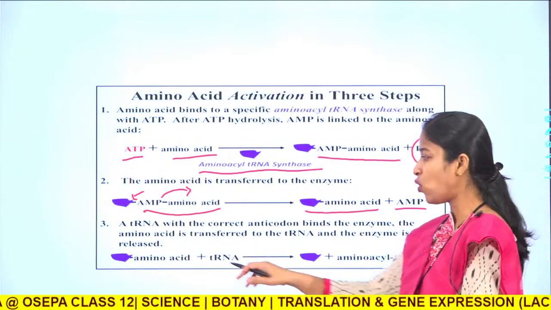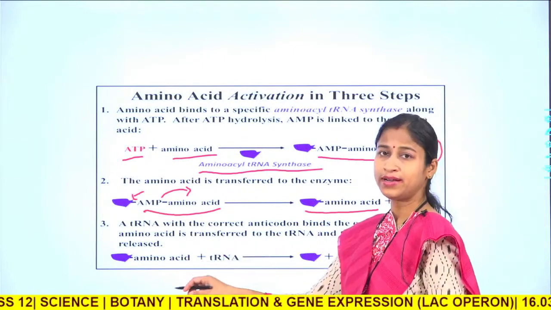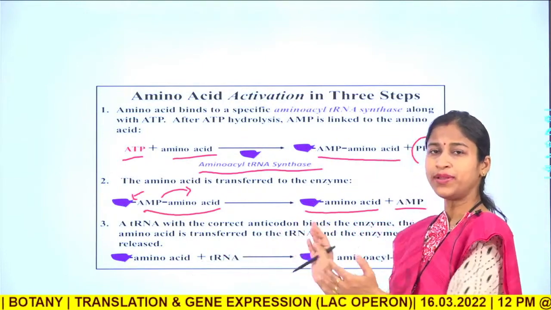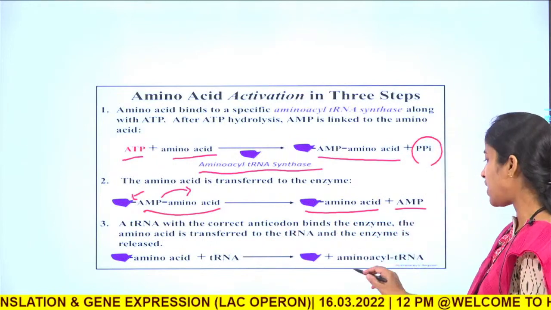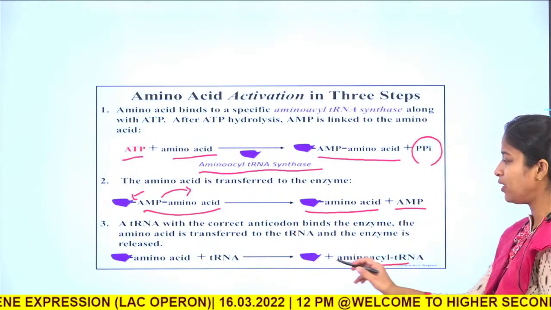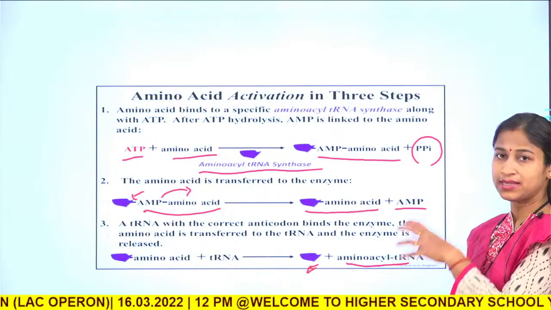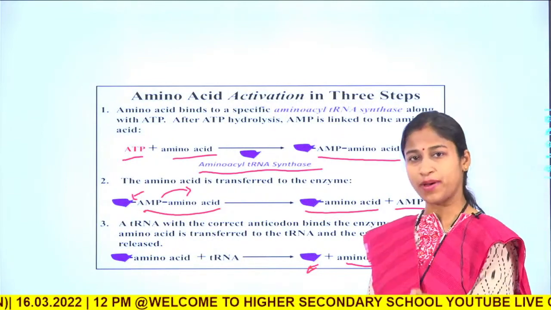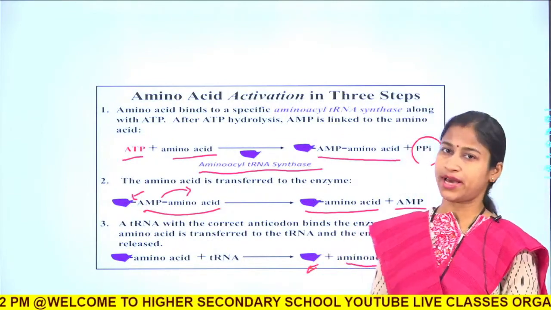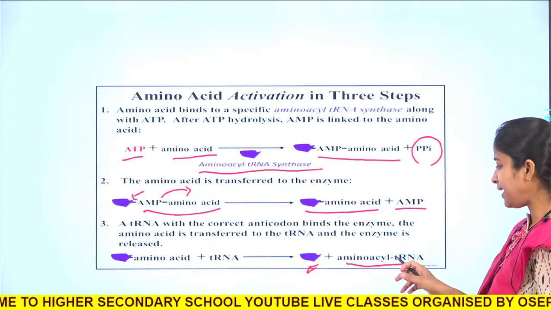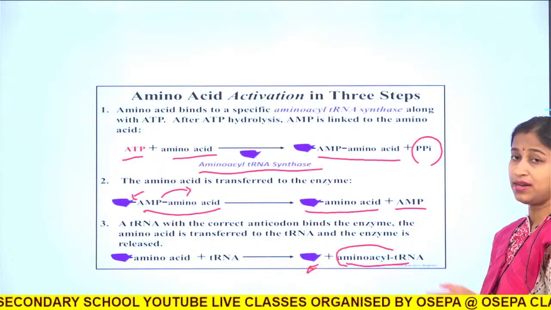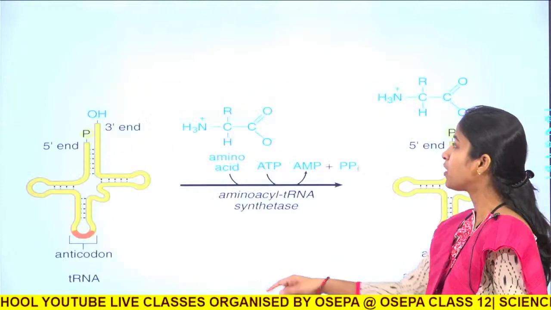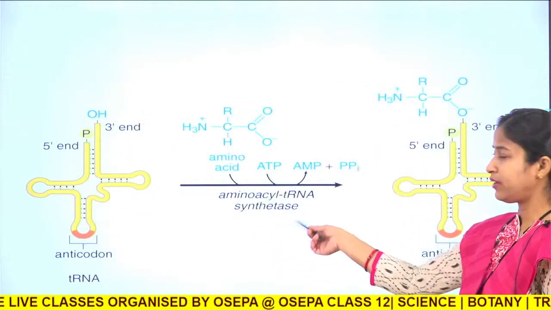The enzyme holding the amino acid now tries to couple the tRNA with the amino acid. Once the aminoacyl tRNA is formed, the enzyme is released, and this is the process of activation of amino acid, or charging of tRNA. Now, you see the tRNA is charged with the aminoacyl portion. So, this is the diagrammatic picture.